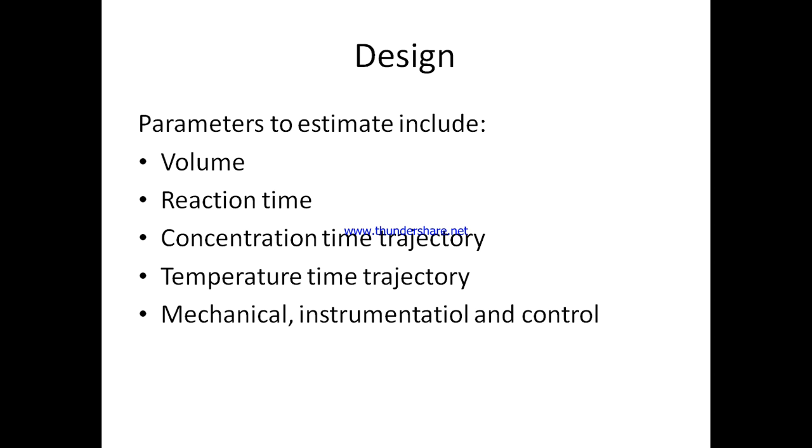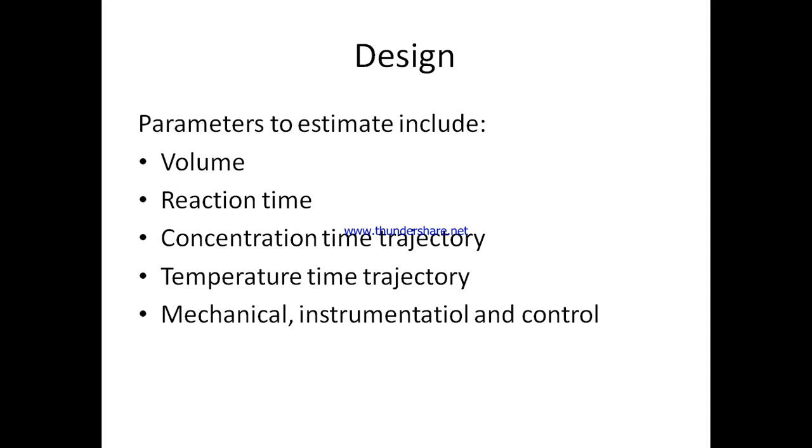The level of instrumentation and control. Are you going to control the time? Are you going to control the temperature, the pressure, the concentration? What control strategy do you employ? Is it going to be discrete control, just off and on control? Is it going to be cascade?